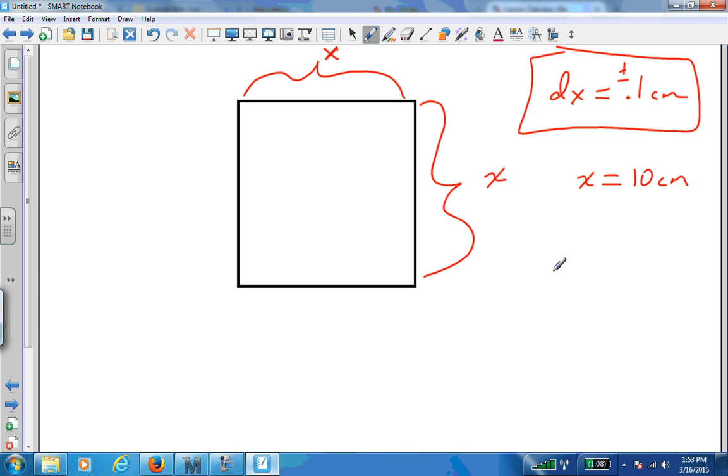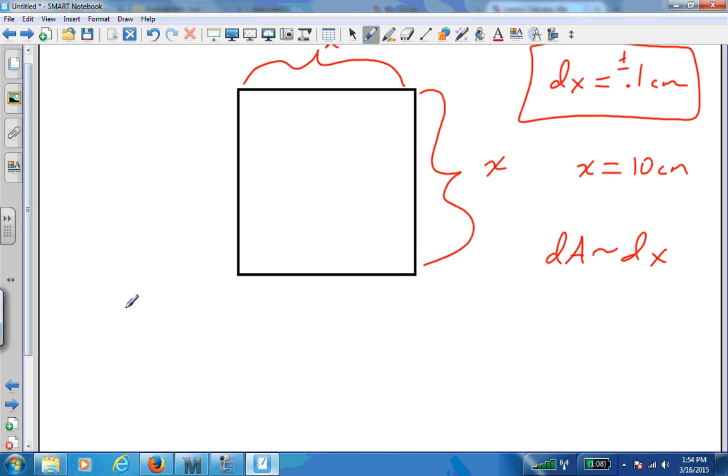So we want to find out, how does the error in the area relate to the error in measuring the side of that square. As we've compared some related rates in the past, these aren't really rates. They're errors in one direction or the other, or change in one direction or the other.